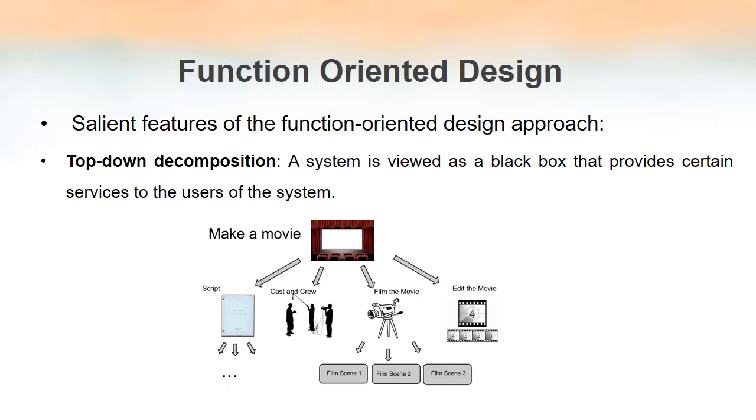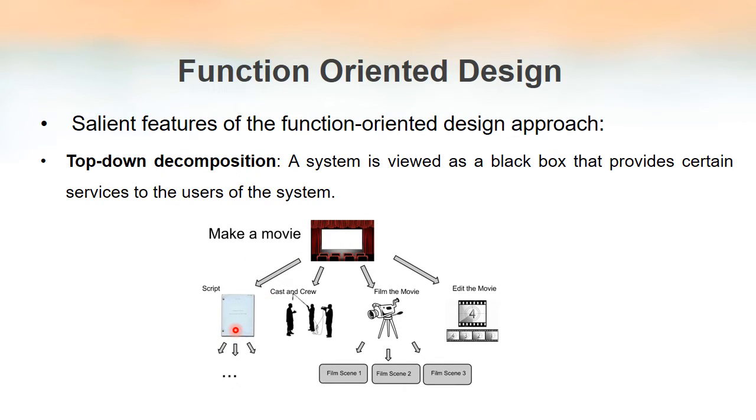As you can see in this figure, making of a movie can be divided into so many subparts. Each of these parts is really important, because if any one of these parts is not there, then the movie will not be complete.